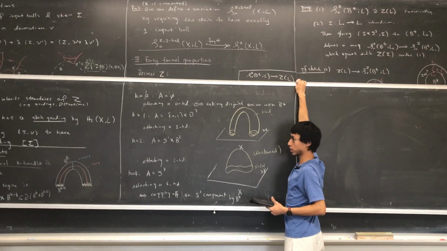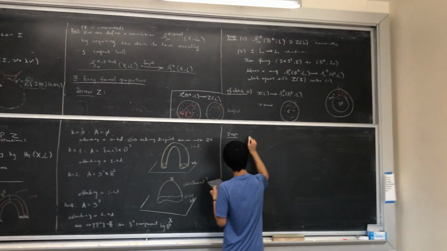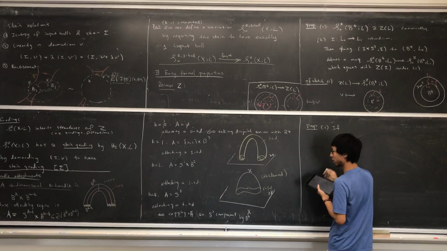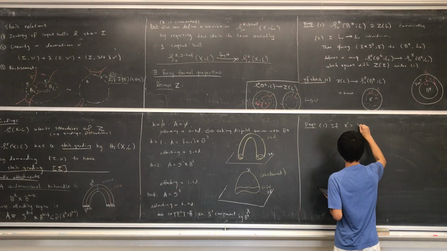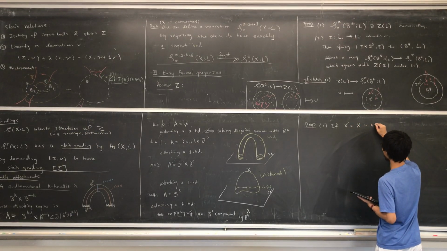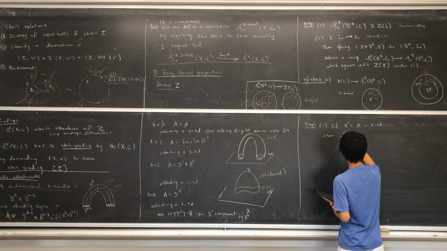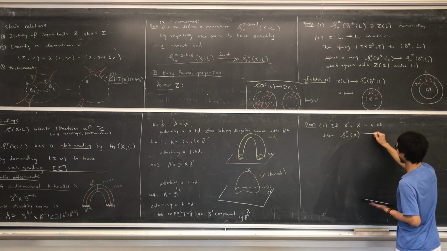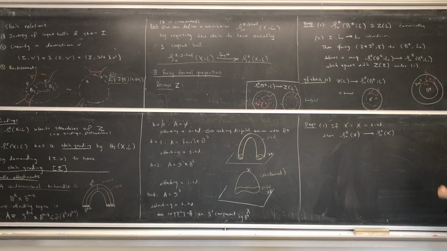And regarding handle attachments, what I can state is the following proposition. First, 4-handle attachment is not going to change my skein lasagna module, in the sense that if X' is obtained from X by attaching a 4-handle, then I get an induced map from the skein lasagna module of X to the skein lasagna module of X'. By the way, just for simplicity, I'm going to drop the boundary link from now on.